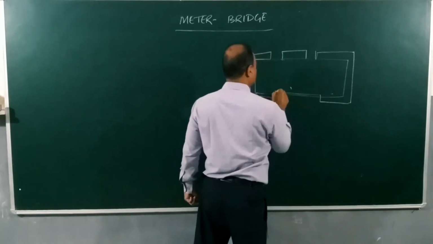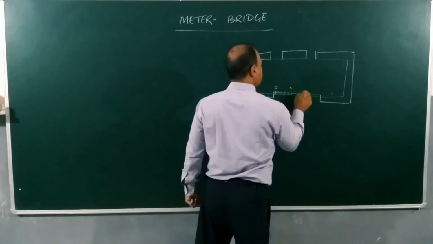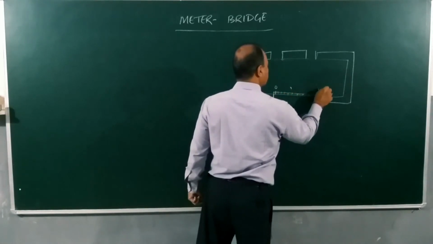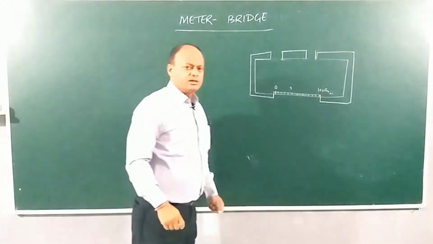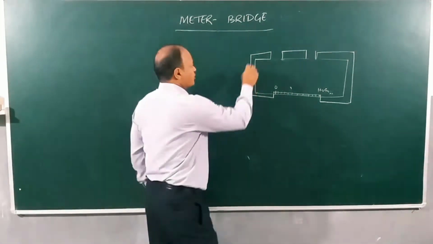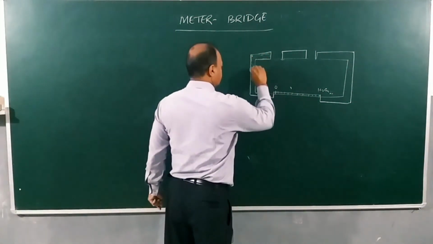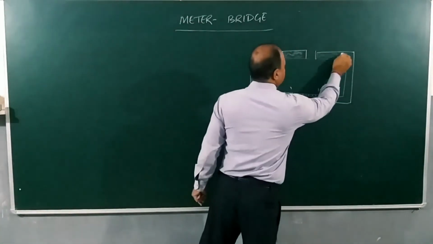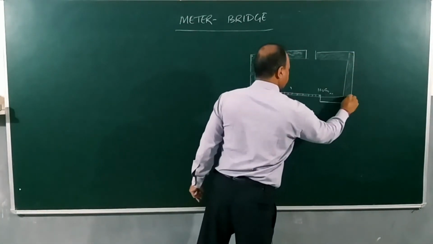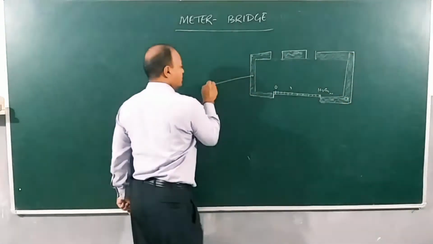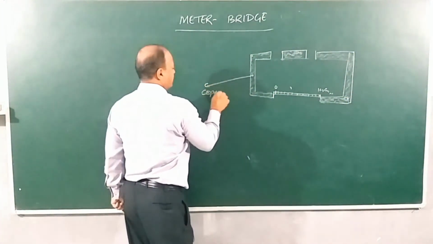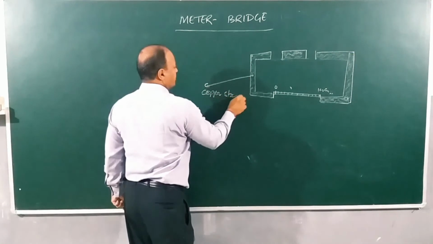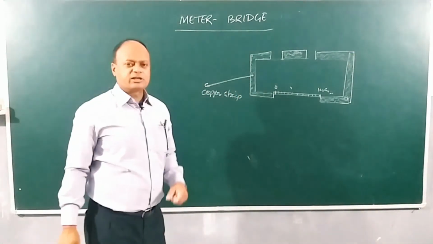The scale is a meter scale, reading from 0 to 100 centimeter, right? You can see all these copper stripes. We will be doing practicals in the lab. This practical is very much there in your syllabus. This is copper stripe, okay? Why copper? Because copper is a very good conductor of electricity.